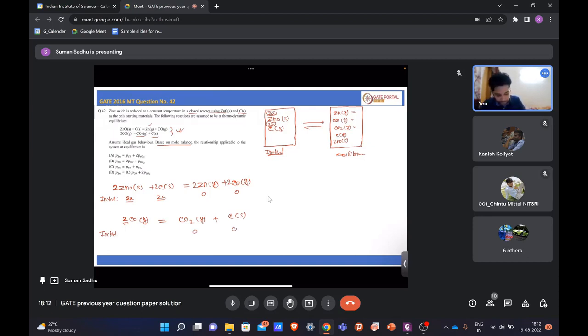Now at the equilibrium, let's say from this 2a mole of ZnO, 2x mole of ZnO is dissociating. Then the carbon will also dissociate in the ratio 1 is to 1. So if 2x mole of ZnO is dissociating, 2x mole of carbon will dissociate. How many moles of zinc and carbon monoxide will form?